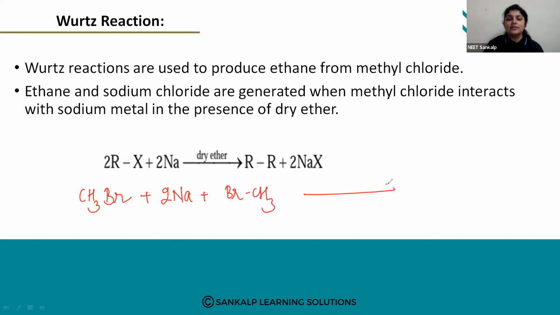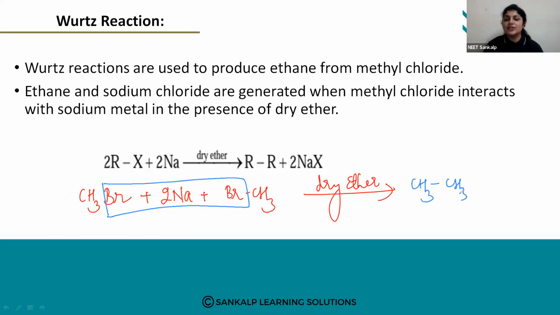I have just written it in the fancy form. What will be the product? The sodium bromide will get eliminated, so this is your byproduct. Your product will be CH3CH3 plus 2NaBr. Understood? An easy way to understand this. So this is the Wood reaction.